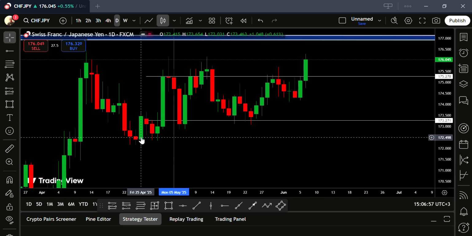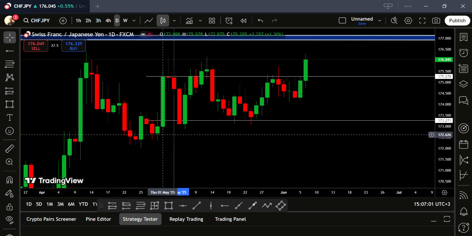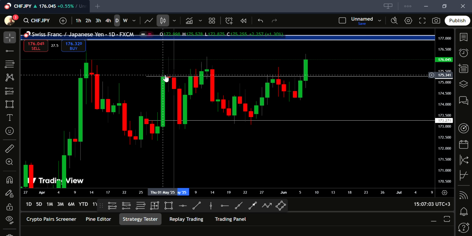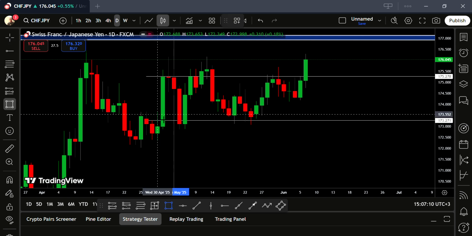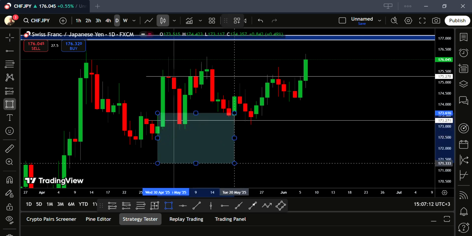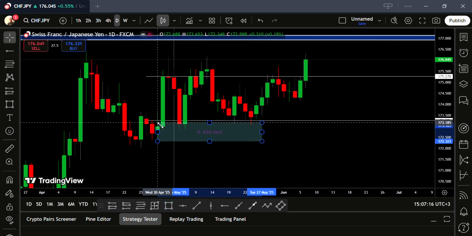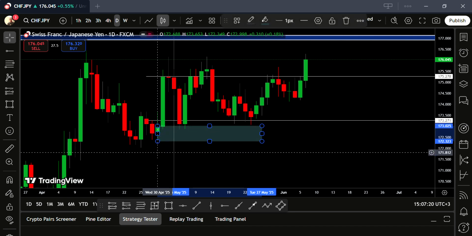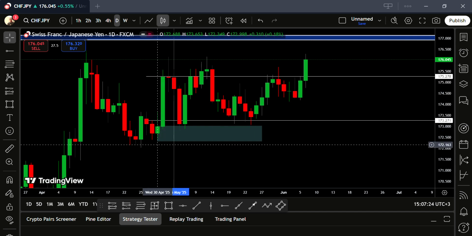See guys, tapped into this demand zone here, and then bought up to around here. So after buying there, it left behind a demand zone. Let me mark it. This candle here, the demand zone. Since it is big, we can just mark from the body, from the closing price to the wick down. So it left behind a demand zone as it was going up.